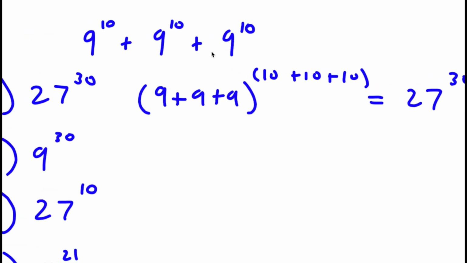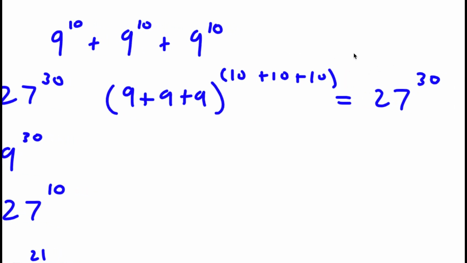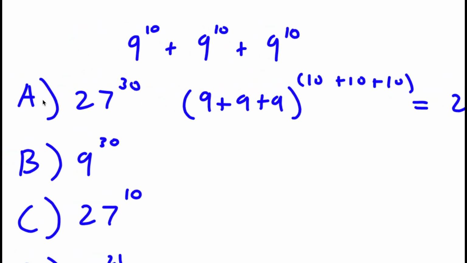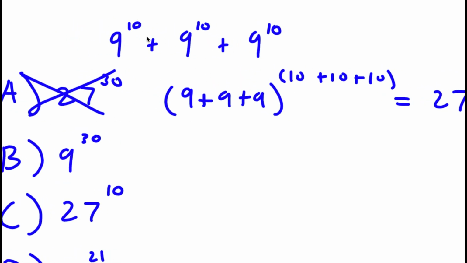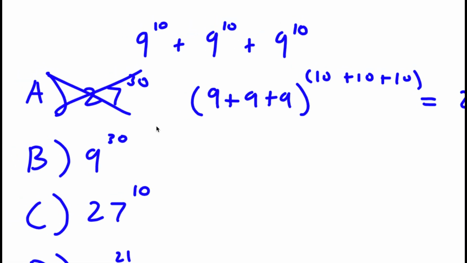So you get 27 to the power of 30 using this method. However, this method is actually wrong. You can't just add the bases and add the exponents.